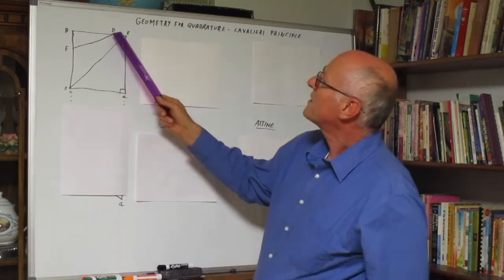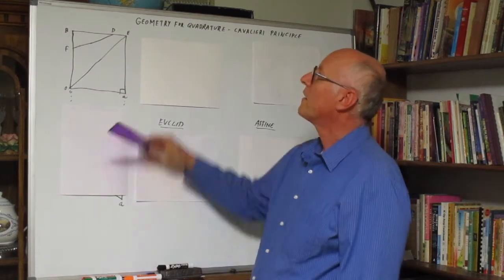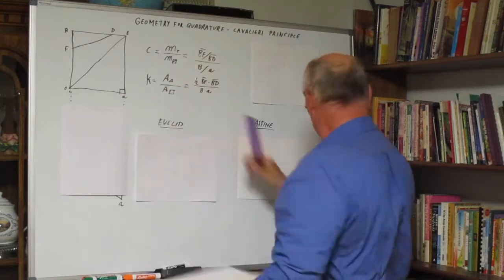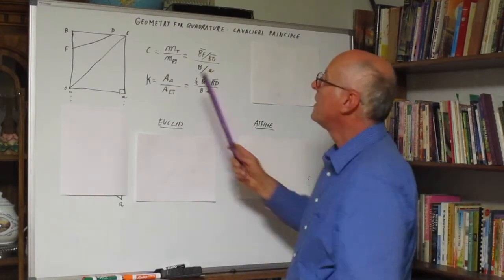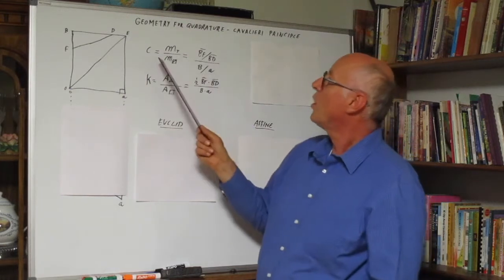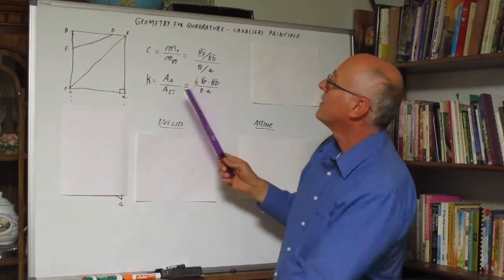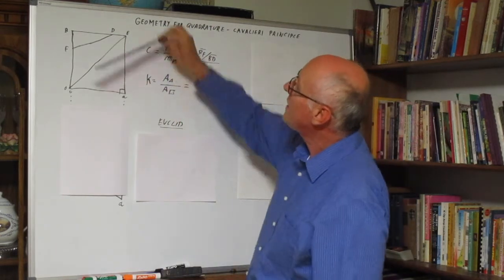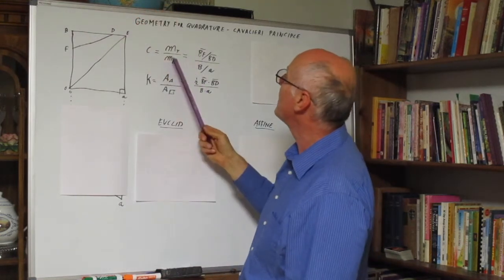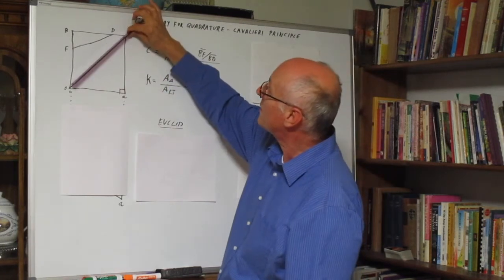And let's say I draw another line over here. Let's look at this. We're going to look at the ratio of slopes and the ratio of areas. We're going to call MT the slope of this particular line, and M diag is this particular line right here.